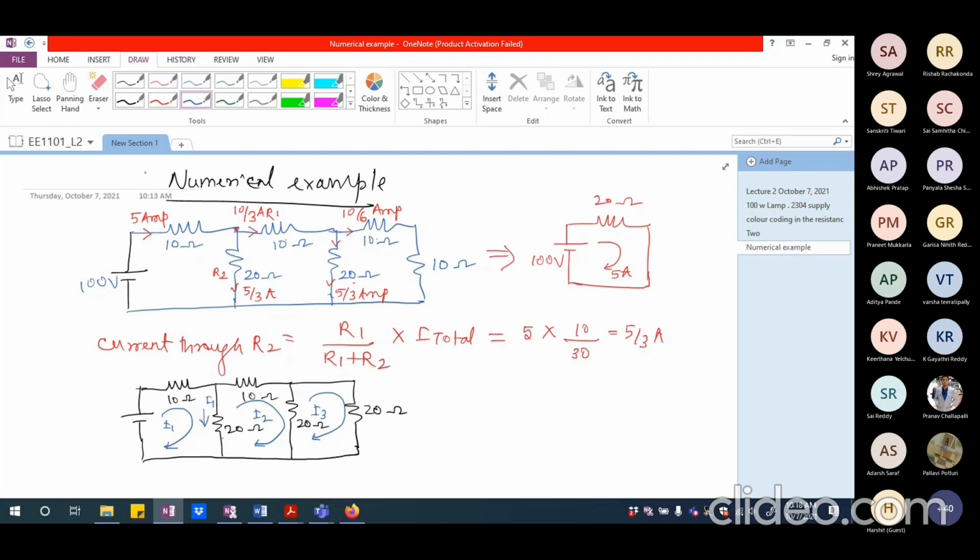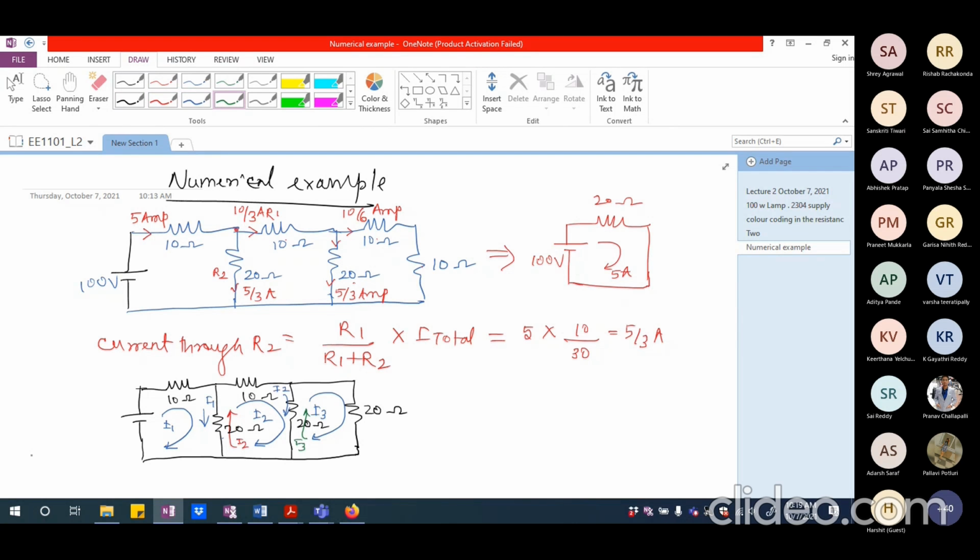I1 is in this direction and I2 is in this direction. You get my point? Similarly, if I try to look at this 20 ohm resistance, this is also going to have I2 in this direction, whereas I3 is going to be in this direction.